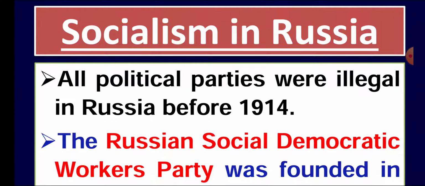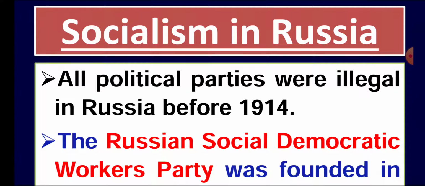In the same way, socialist ideas also came in Russia, though till this revolution period all the political parties were illegal.